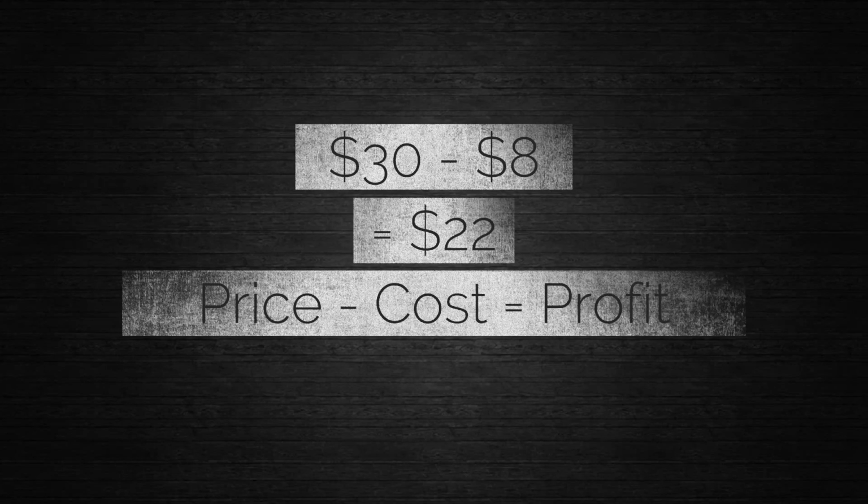Now, before we move forward here, I wanna make it really clear what profits are, what that means, and why this is so special that Shopify is going to do this for you automatically. Your profits are your price, how much you sell the item for, minus how much you make that item for. So if you make a t-shirt for $8 and you sell it for $30, your profits will be $22 on that item.